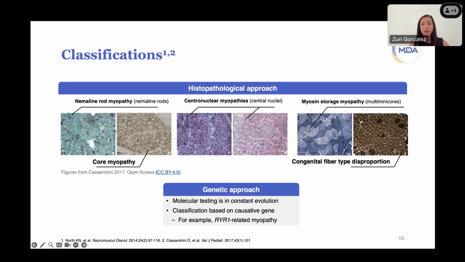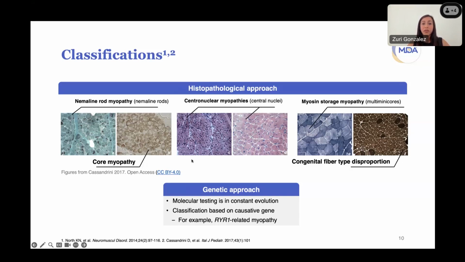The second group are going to be the core myopathies that include central core and multi-mini core, the main ones. For the core myopathies, I'm going to just briefly mention these pale central areas are going to be the areas of decreased oxidative activity.